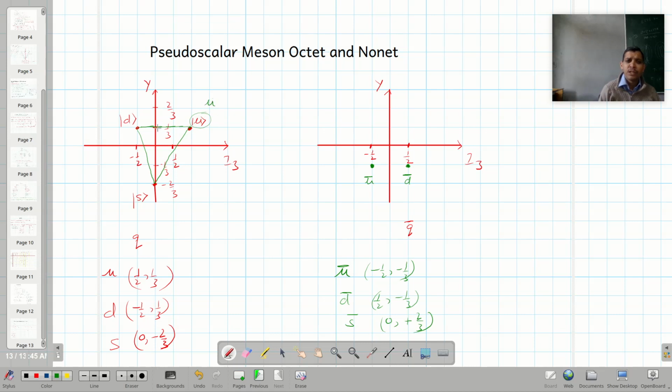You simply write it like u, and this can also be simply written as s. So keeping this in mind, we get this point, and another s bar point will be this one, right? So these are the points which we are getting.